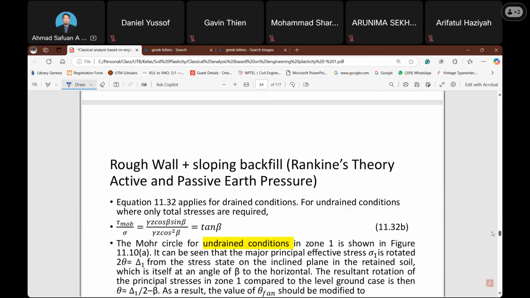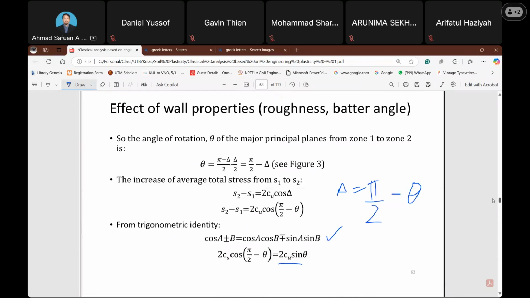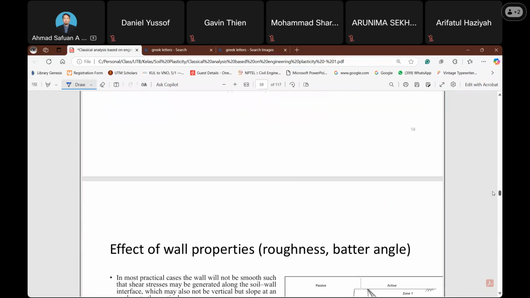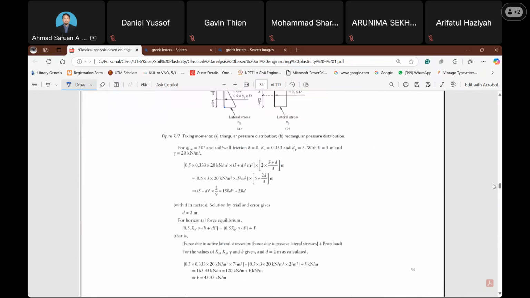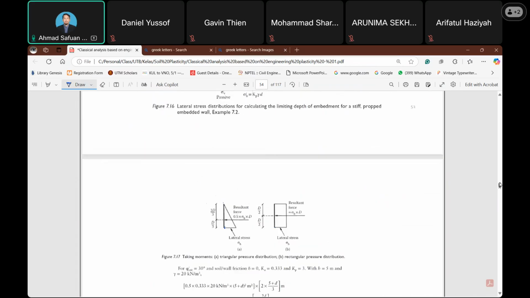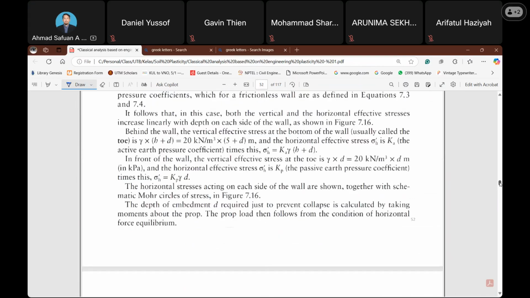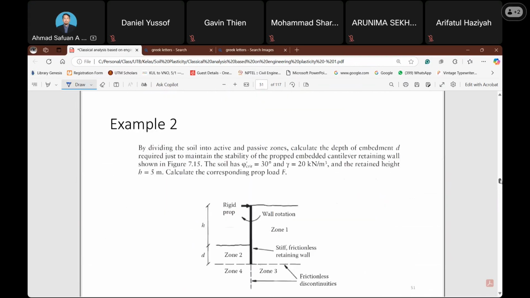Yes, 11.6 is the one that we normally calculate for the effective stress. This is 11.6 and 11.8. So please write down this is 11.6.